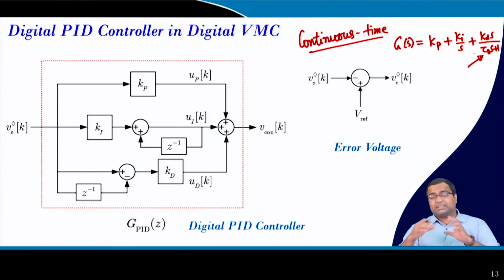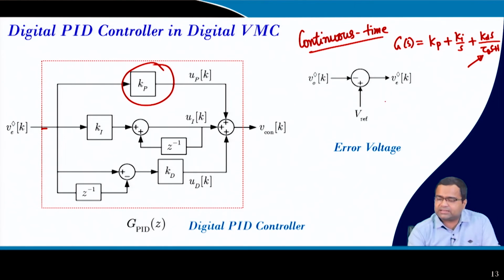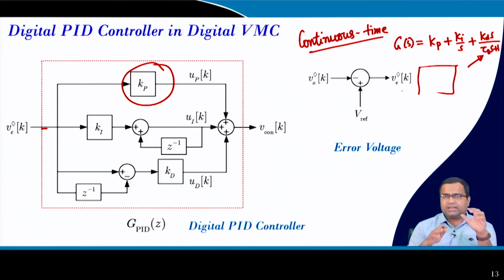Now, in the case of digital, the error voltage is coming and after the error voltage we put a PID controller. In the case of analog, simply Kp.